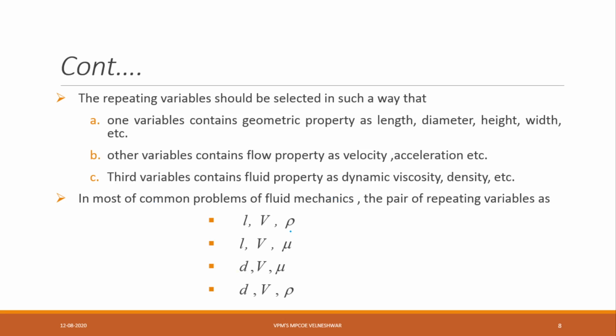In most common fluid mechanics problems, these are the choices: length, velocity, rho, where rho is density; or diameter, velocity, mu, where mu is viscosity. Generally we see the length of the pipe, the diameter of the pipe, and so on.